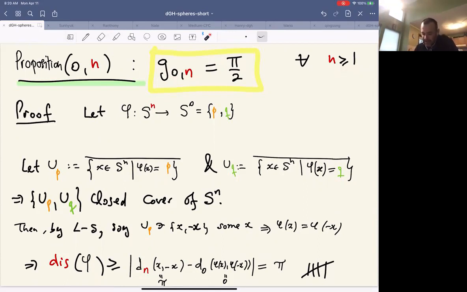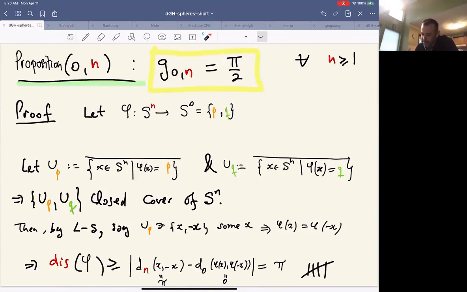Well, here's the idea. I claim that any phi map from S^n to S^0 will have distortion at least pi. Why is that? Let's consider U_P to be the closure of all the points that map to P under phi, and of course I'm representing S^0 by the two points P and Q. I'm just giving them names now.